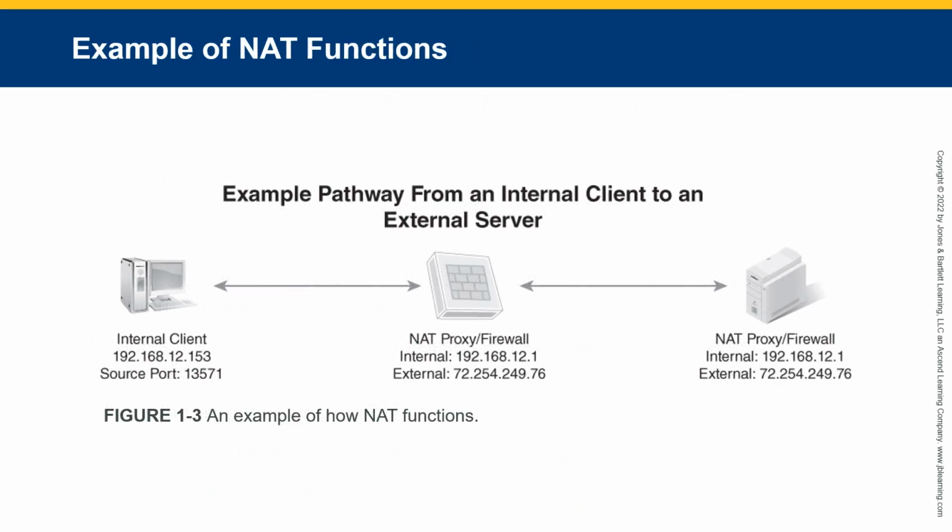So an example of a NAT function here: we have the internal address and internal source port connecting to the NAT proxy or firewall. We have our internal address and our external address of the firewall, and we're trying to go out to a NAT-PAT firewall here.